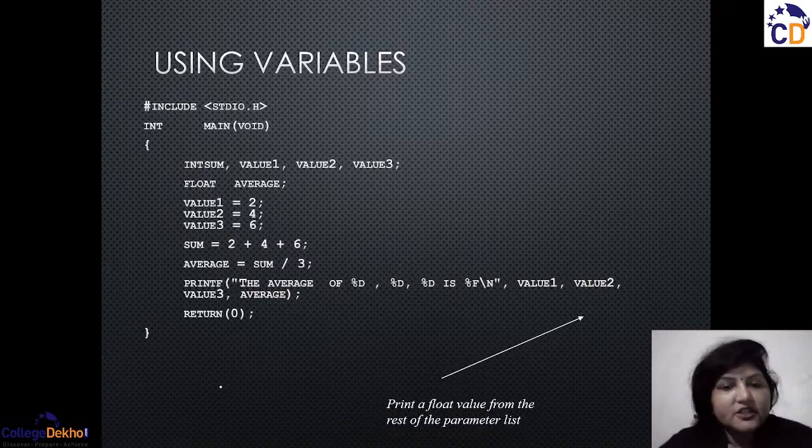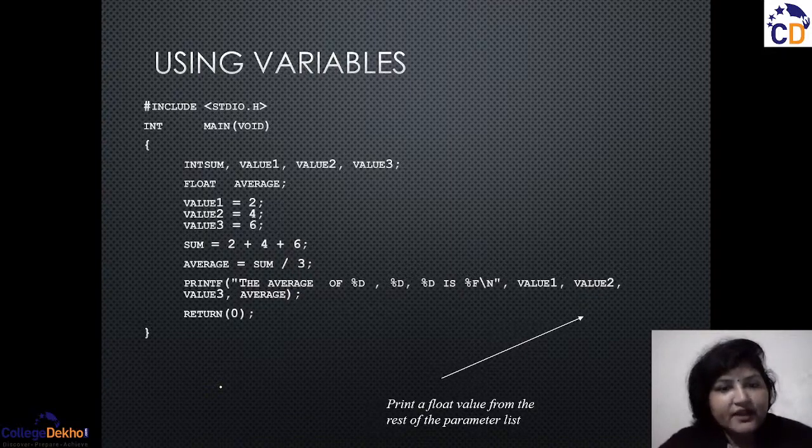So %d is used for an integer value and %f is used for a float value. The printf is a function to print on the screen, printing the float value from the rest of the parameter list. So it is the average of %d, comma %d, comma %d and %f.